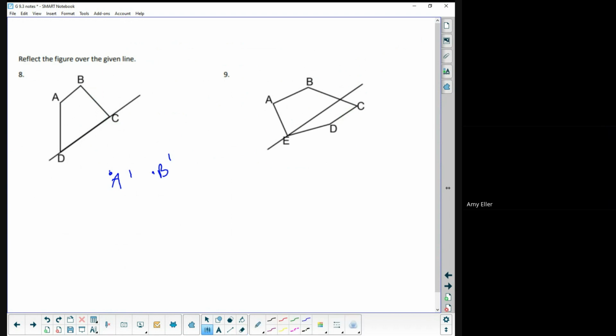C and D remain fixed. You can see mine got a little bigger. If it's really close, I wouldn't take off. When you're freehanding it, it's hard to get it exactly.